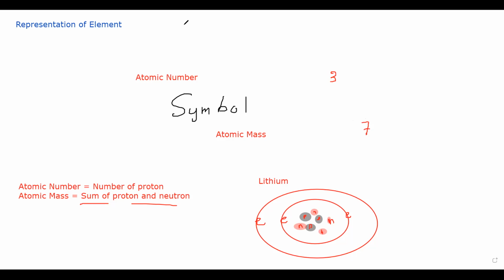Then we use a symbol. The symbol of lithium is Li. So we represent lithium with 3, Li the symbol, and the atomic mass 7. This is a representation of an element in terms of atomic mass and atomic number. Is it clear? The symbolic representation.